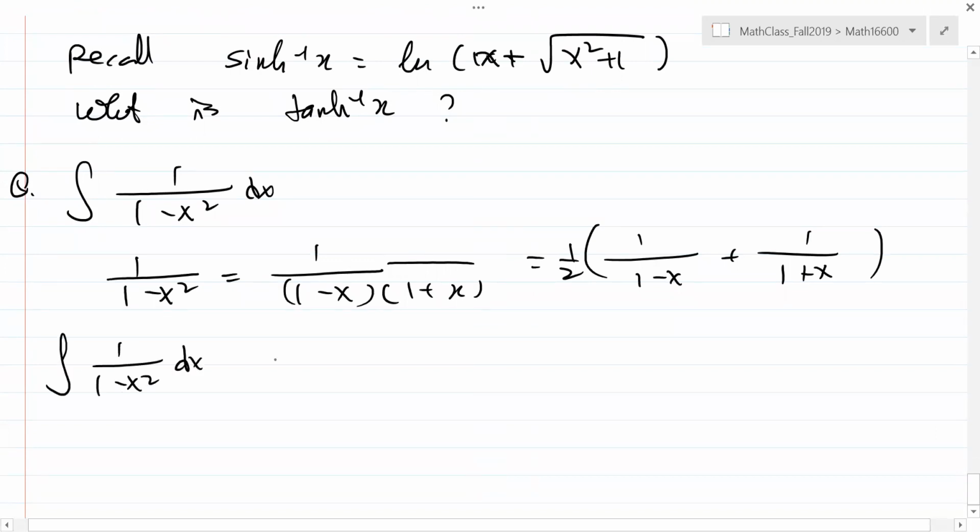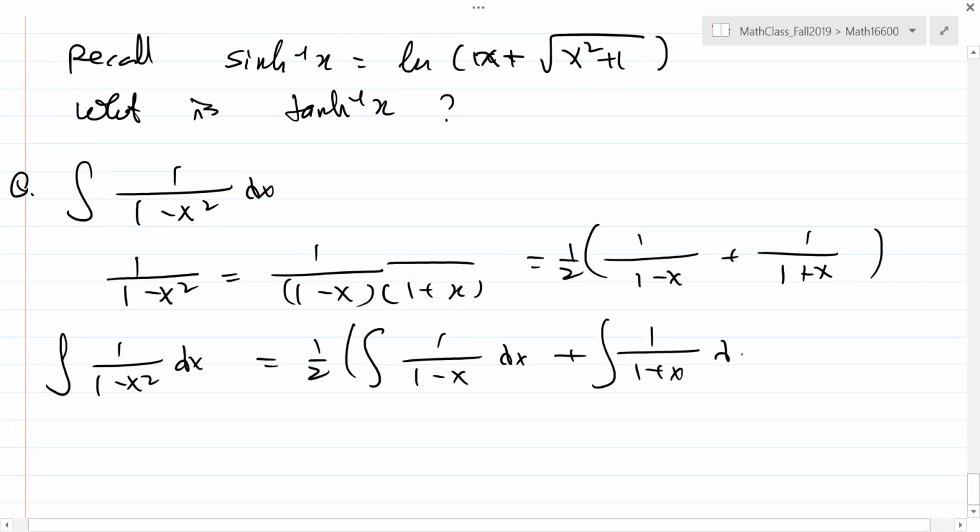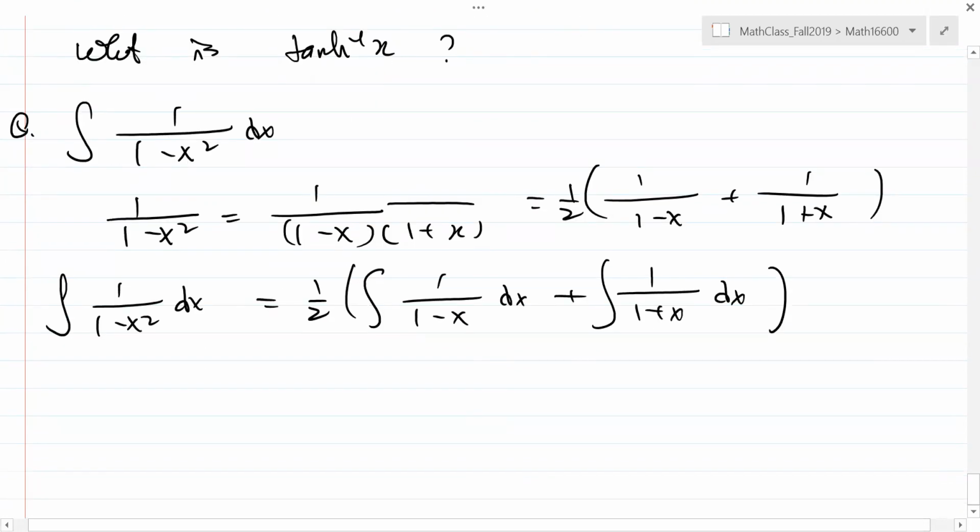Now you can put the integral, right? Every term here is linear in the denominator. So the antiderivative of 1 over 1 minus x is going to be, what is that?